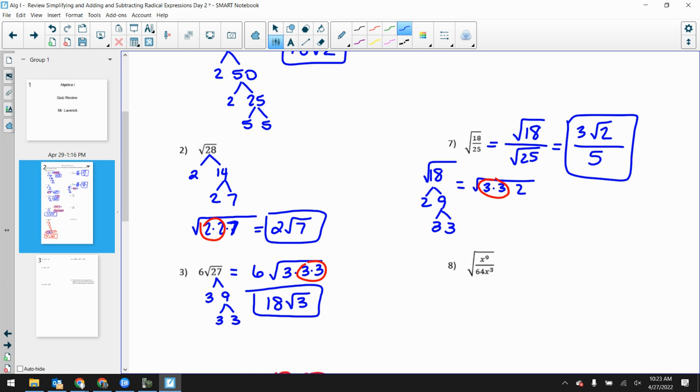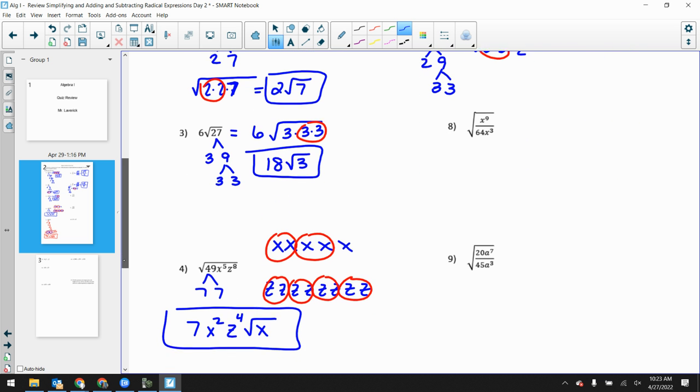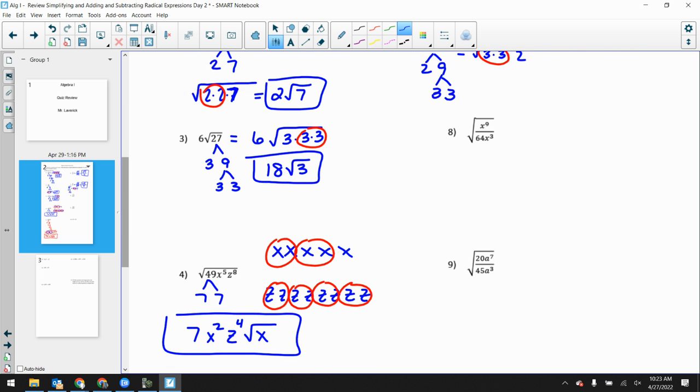All right, let's take a look at number 8. Is there anything that I can do to reduce the fraction on the inside? Yes. I've got x to the 9th over x to the 3rd. What can I do to reduce the fraction on the inside?